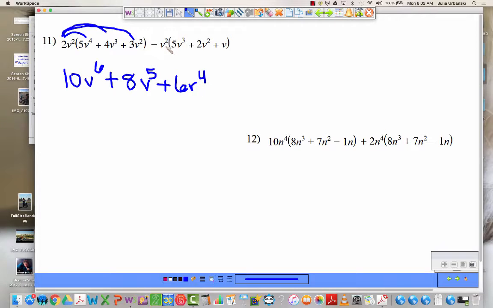All right, this one though, be careful. It's a negative v. You can go and change all the signs, or you can just remember that you're doing a negative 1 times a 5. That's going to be a negative 5. Negative 5, let me write this one, v to the 5th.